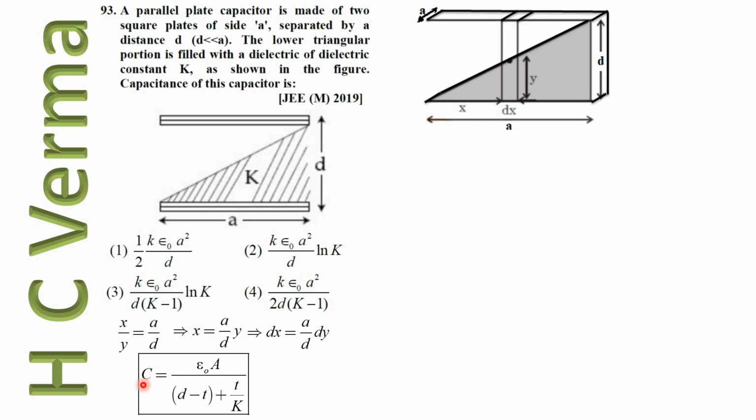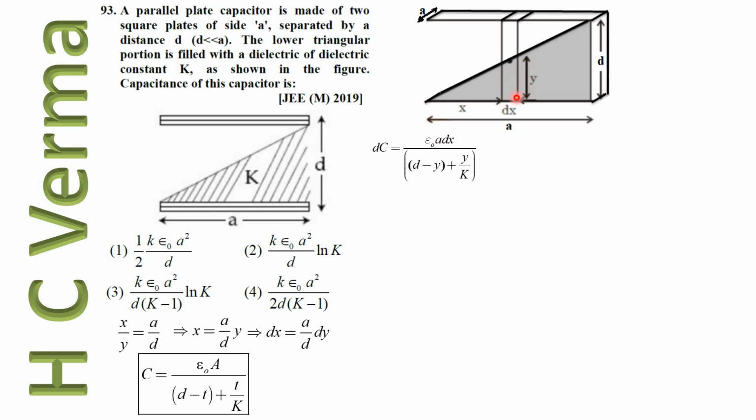So using this formula, C equals epsilon naught A upon d minus t plus t by k. First of all, the area of this part only would be equal to length a and breadth very small, equal to dx. a into dx is equal to this area. So A would be replaced by a into dx.